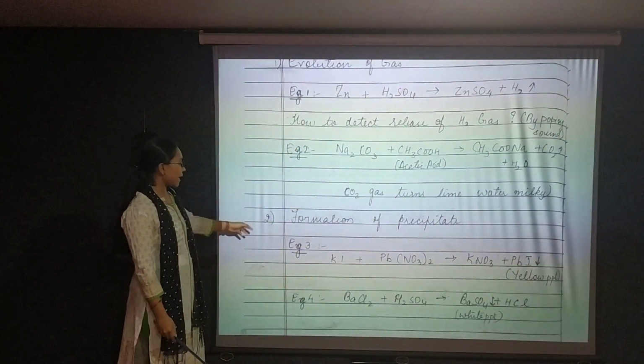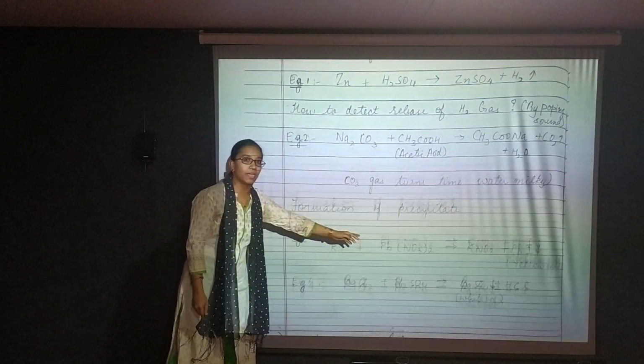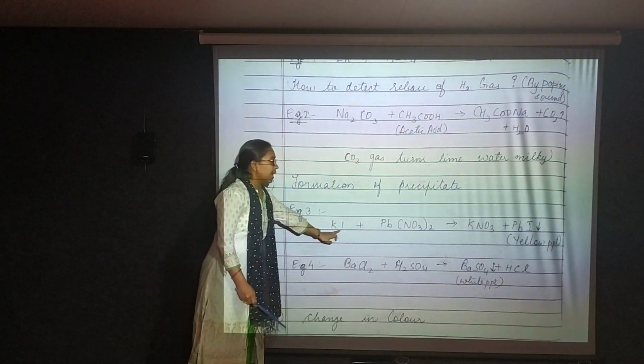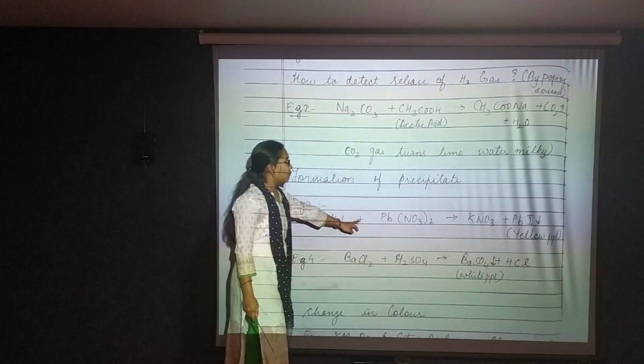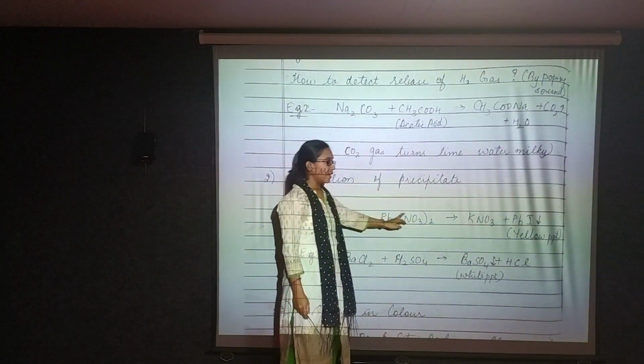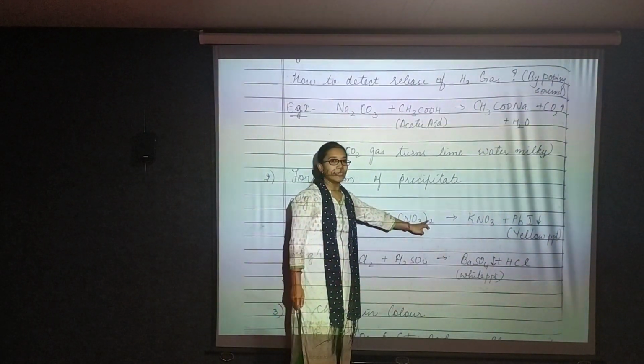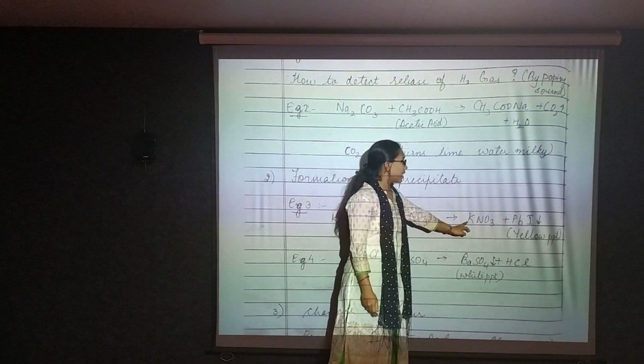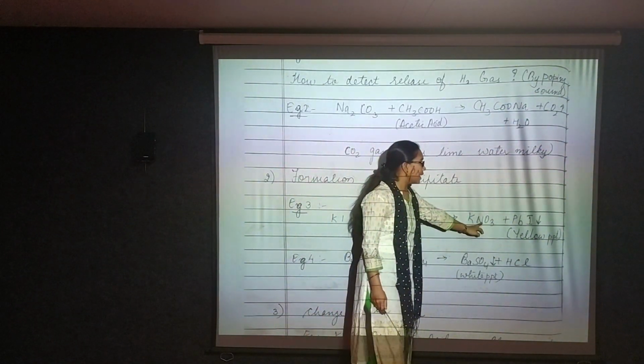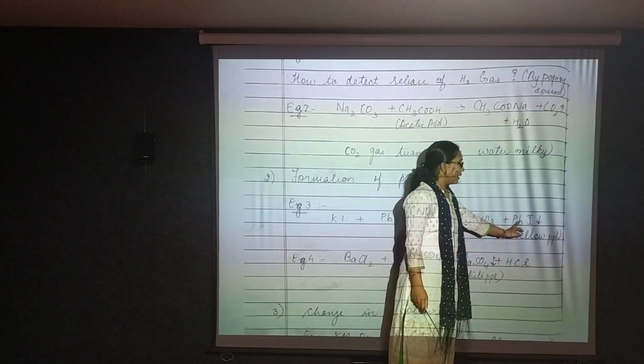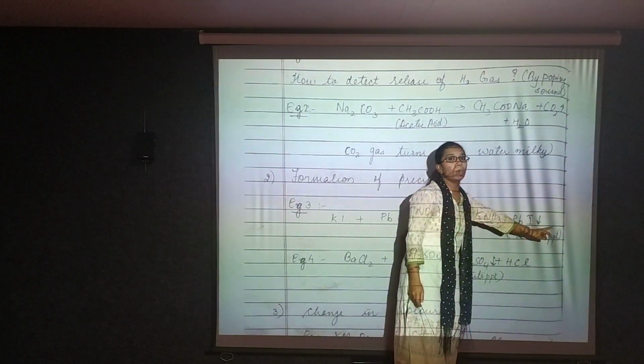The next characteristic is formation of precipitate. KI, potassium iodide, when combined with lead nitrate, Pb(NO3)2, you will get KNO3, potassium nitrate, plus PbI2, lead iodide. That is a yellow precipitate.